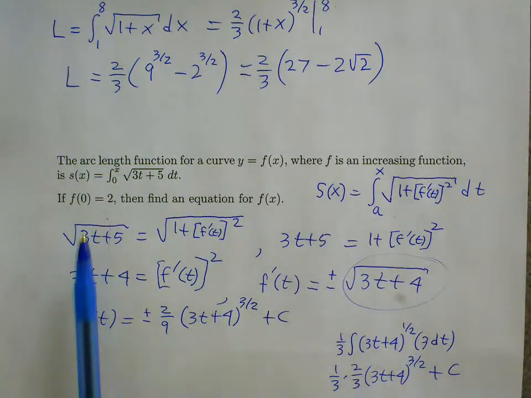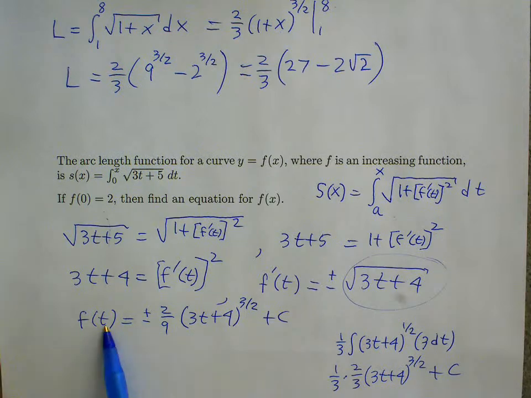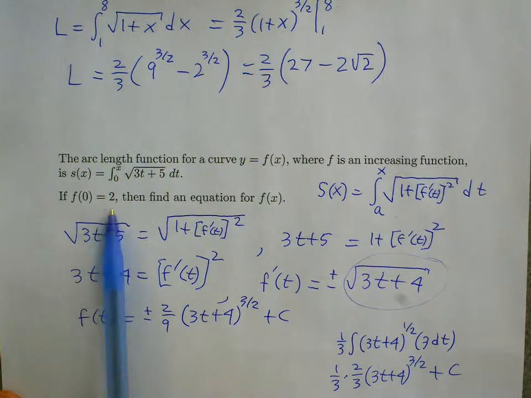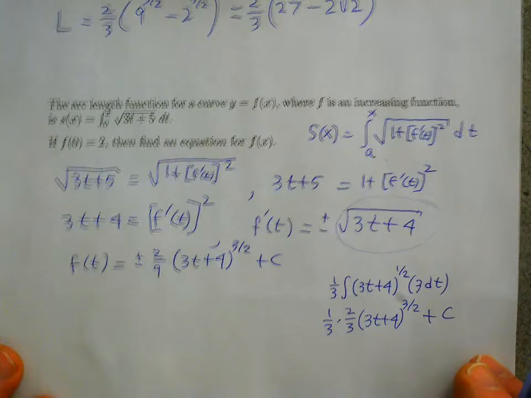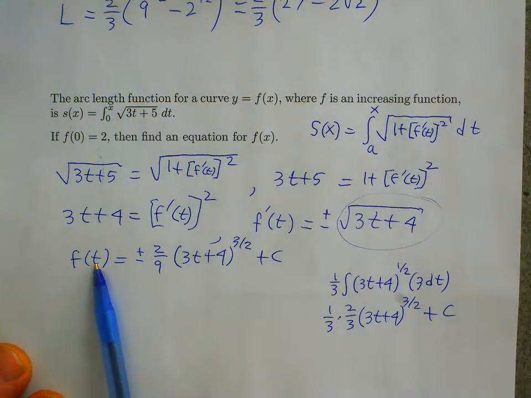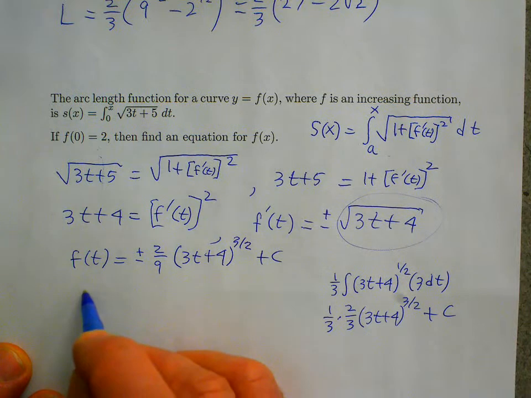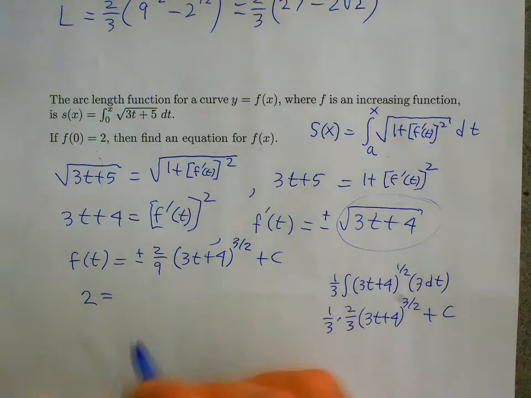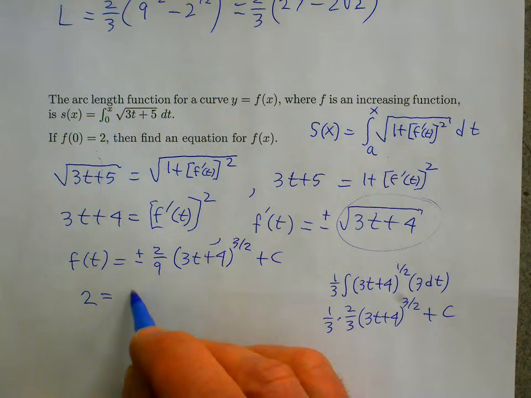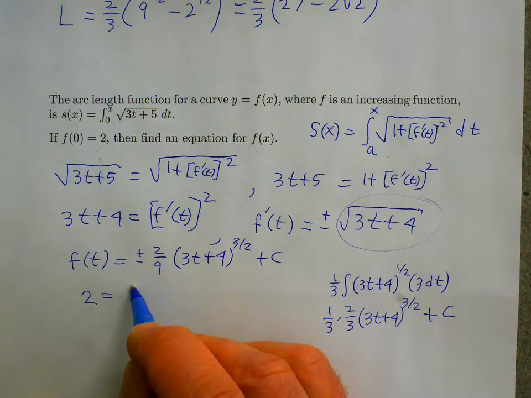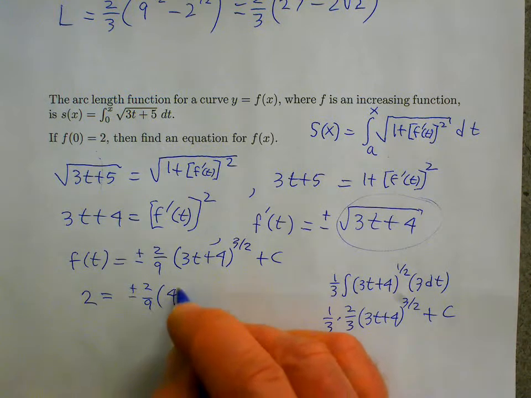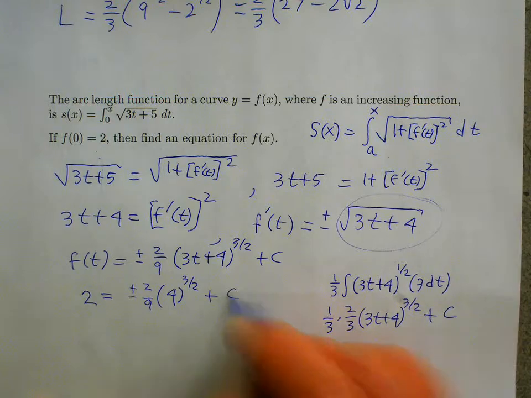Okay, then the initial condition, we can now replace t with x. But for this part, we can go ahead and use this fact that f of 0 equals 2. So when t is 0, f of 0 is 2. So we get 2 equals plus or minus 2/9, and when t is 0, we get 4 to the 3/2 plus c.